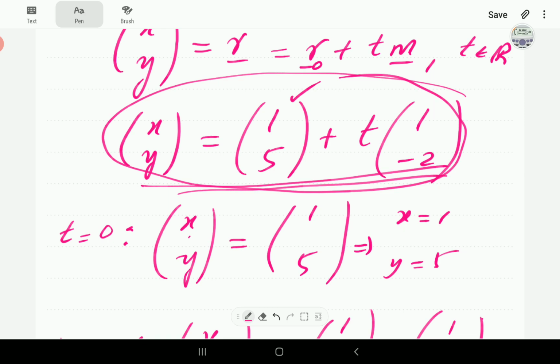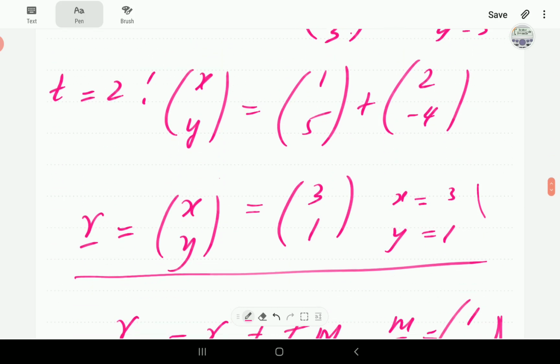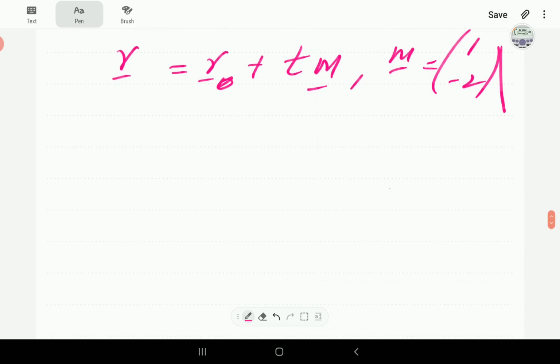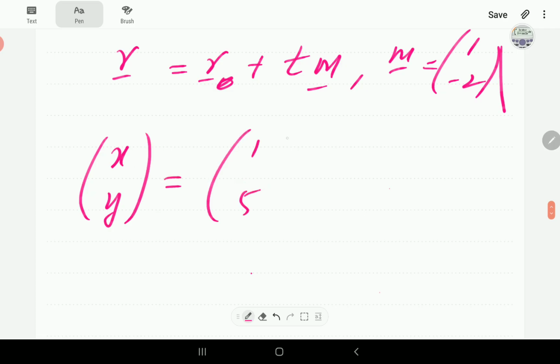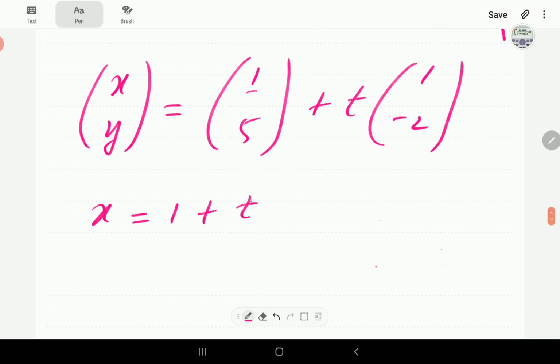Now from that we can actually extract something called the parametric form of the equation of that straight line, because we've got xy equals (1, 5) plus t(1, -2). The x component of this is equal to 1 plus t.